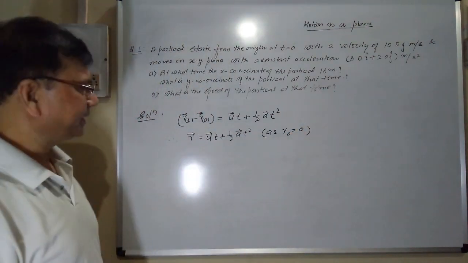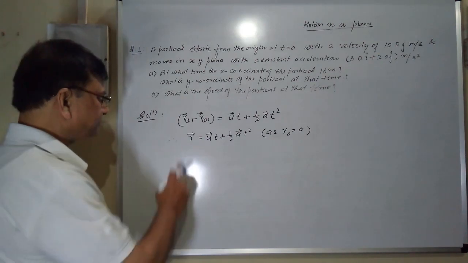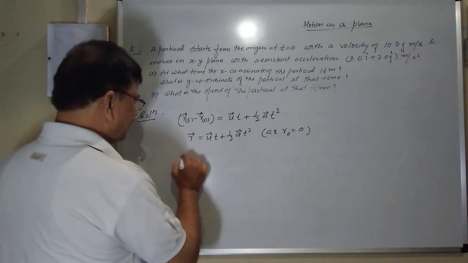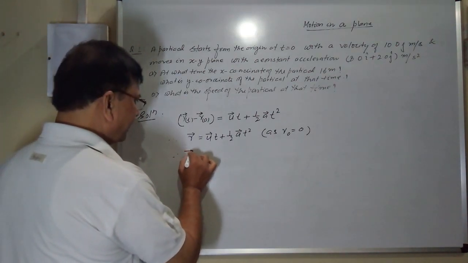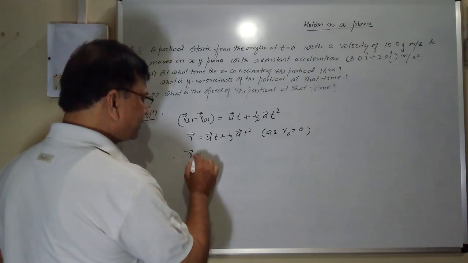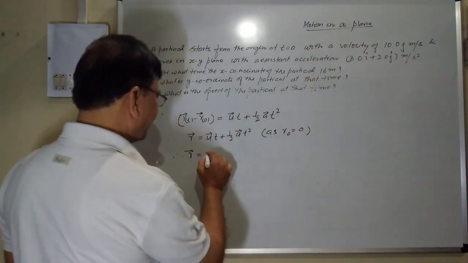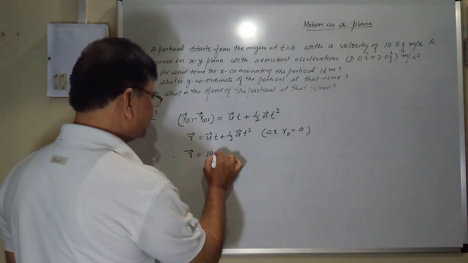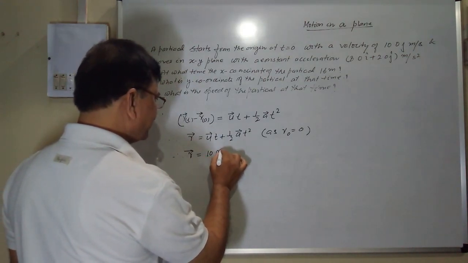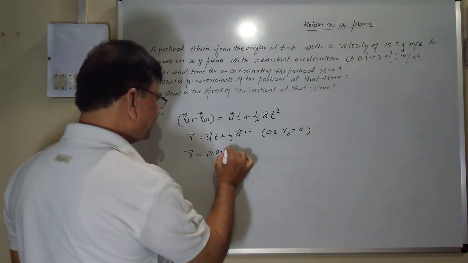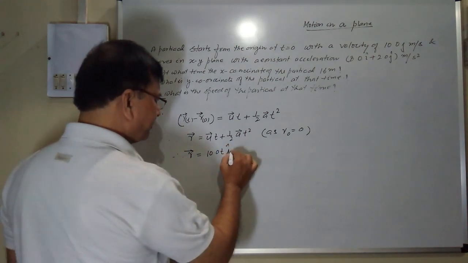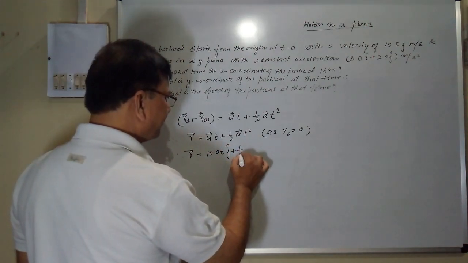Starting from origin. Therefore, displacement R is equal to U. Initial velocity is 10j. So 10.0 t and this is j plus half.